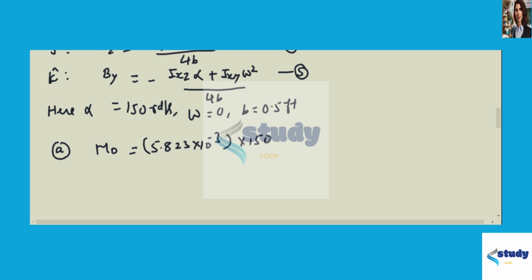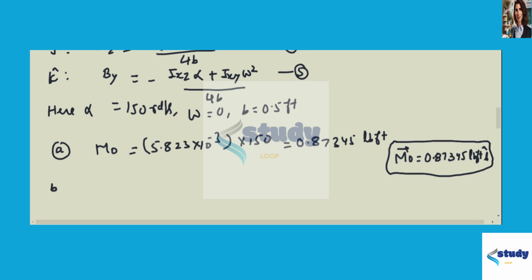So this would be 0.87345 pound into feet. So in vector expression you may write MO vector to be 0.87345 pound feet I cap. So this is one of the answers we have obtained.